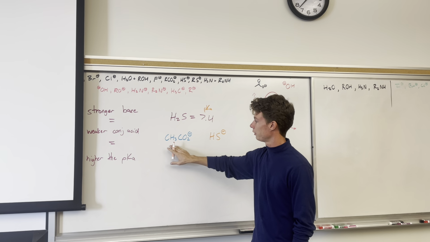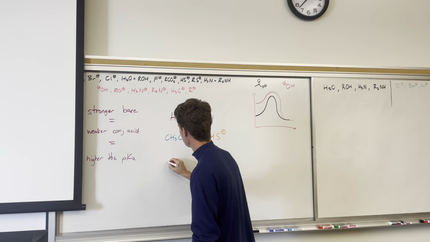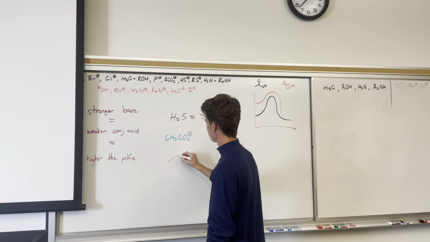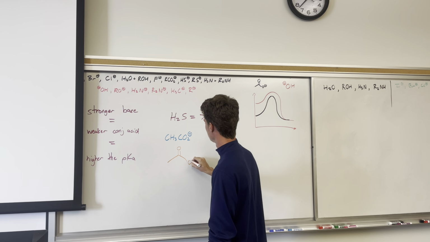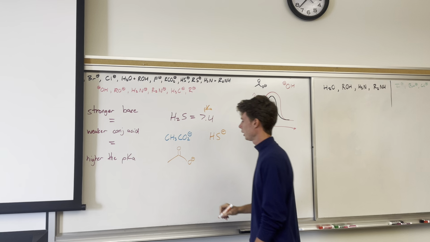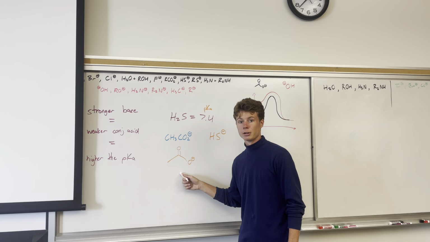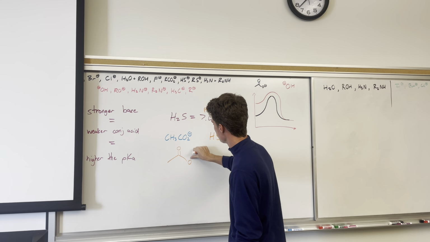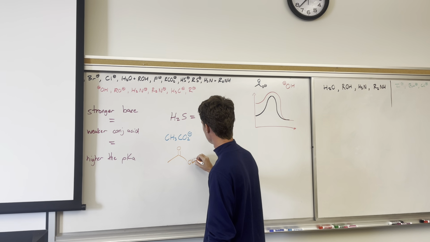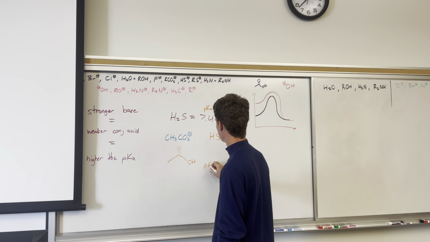The conjugate acid of this species, I have a CH3, I have a carbon here that's bonded to 2 oxygens, negative charge. The conjugate acid of this would be carboxylic acid, and we know carboxylic acid has a pKa of about 4.